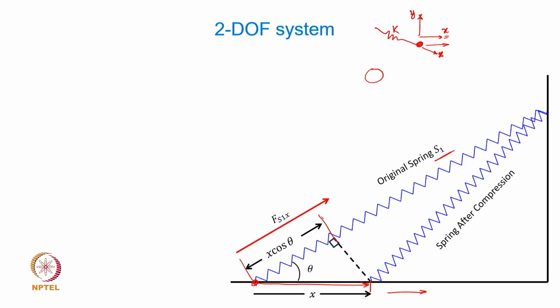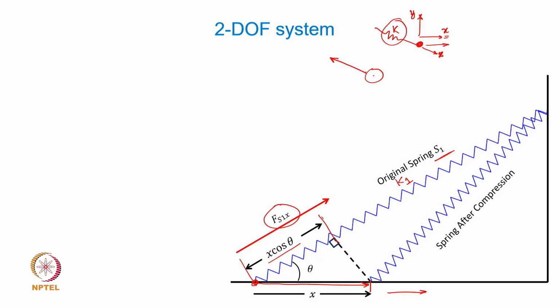So the spring is going to generate a restoring force Fs1x, and this force is going to be proportional to the stiffness of the spring along its axis multiplied by the net stretch, which is going to be x cos theta, right.